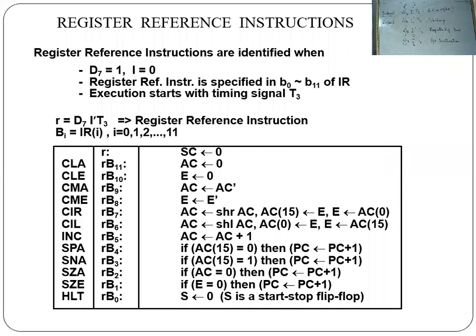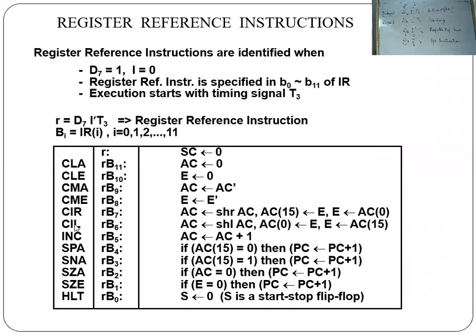So remember one thing, you need to clear the sequence counter before the start of these instructions, right? So next we have CME, the end carry will be complemented, and the result will be stored into E. Similarly, we have CIR. CIR means right circular shift.